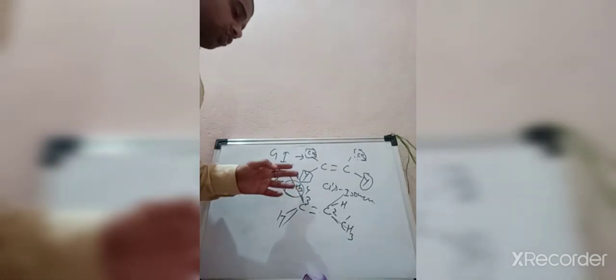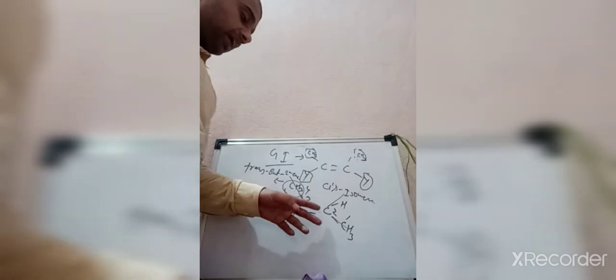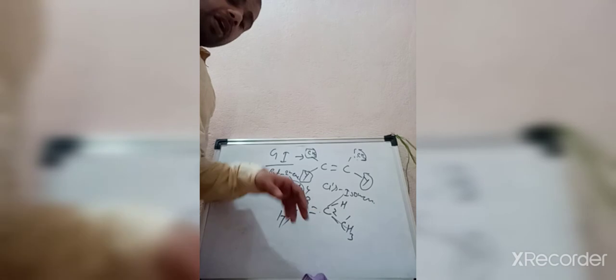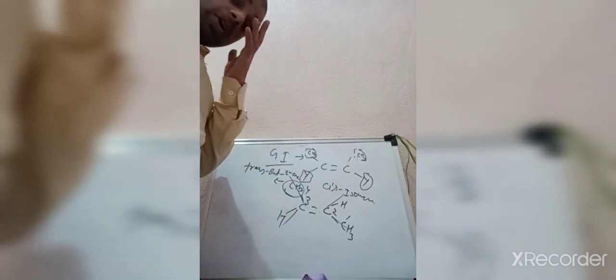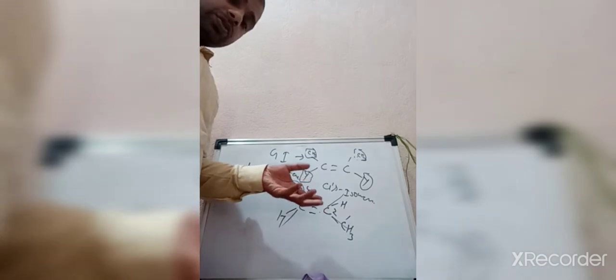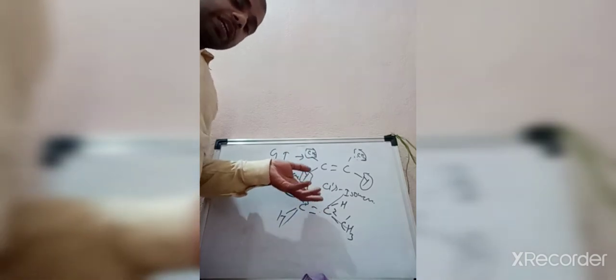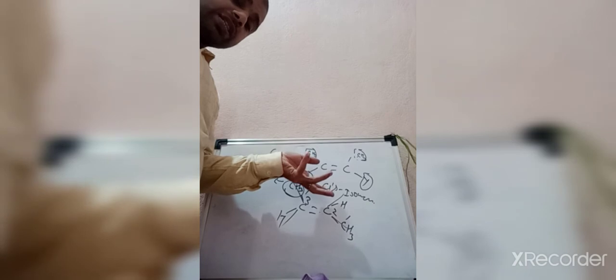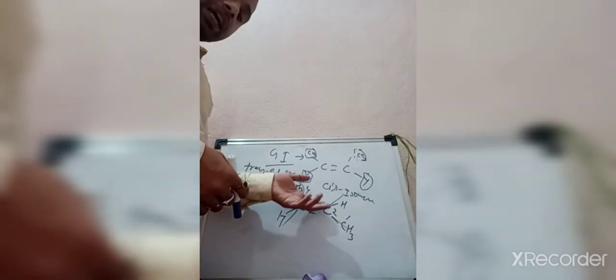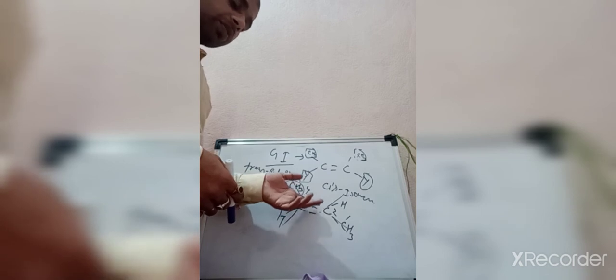From geometrical isomerism we can also calculate the dipole moment. How will you calculate it? Think of bond polarity: the most electronegative element attracts the electrons towards itself, so the dipole moment direction would be towards that side, and we can calculate the dipole moment from that.